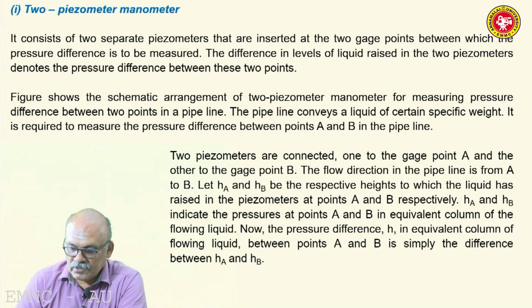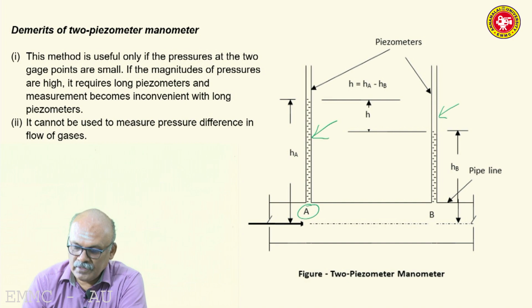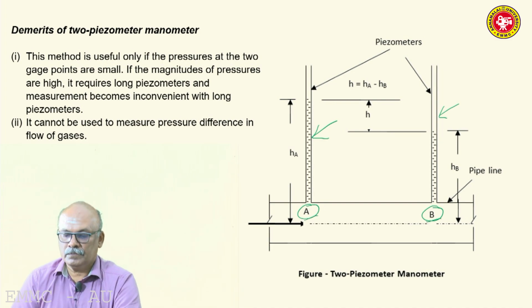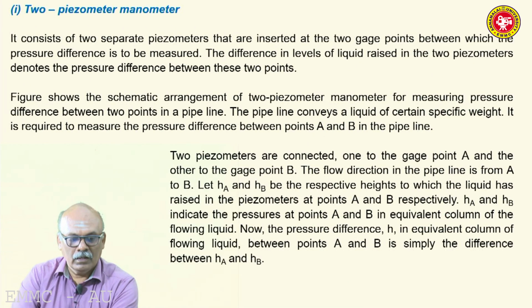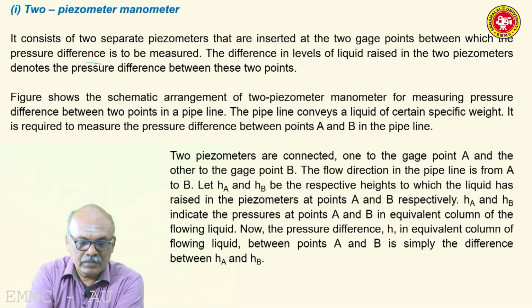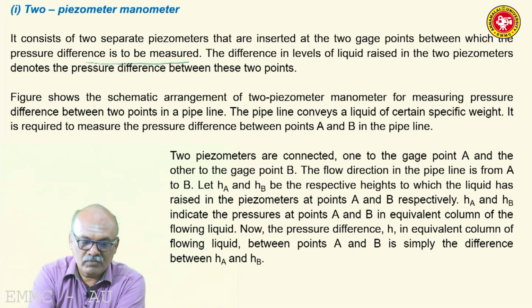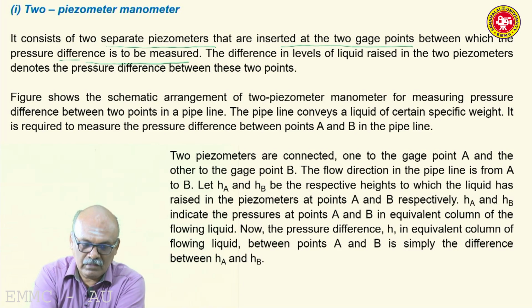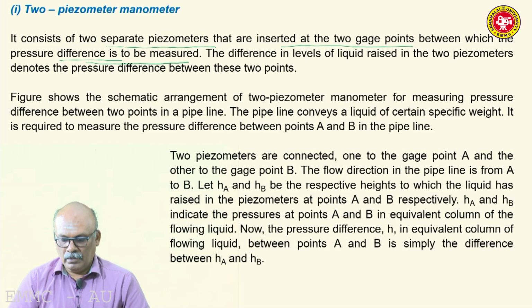They are inserted at the 2 gauge points. A is one gauge point, B is another gauge point. I want to measure the difference in pressure between the 2 gauge points A and B.